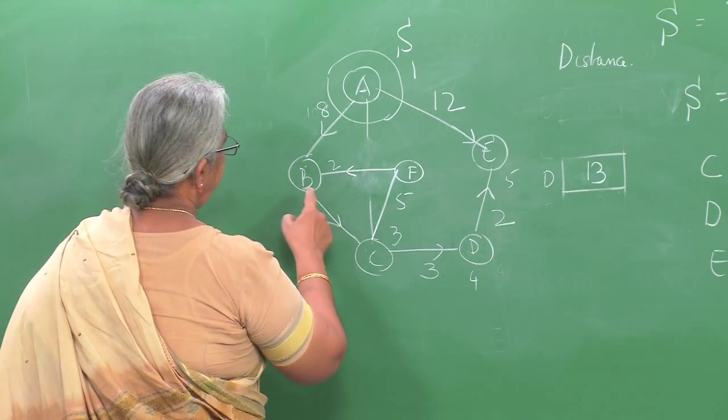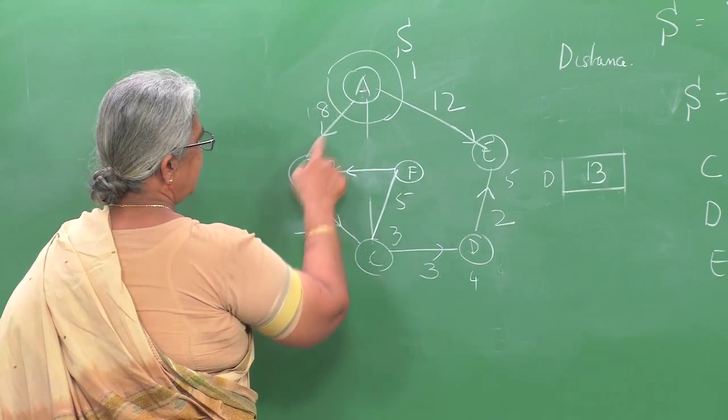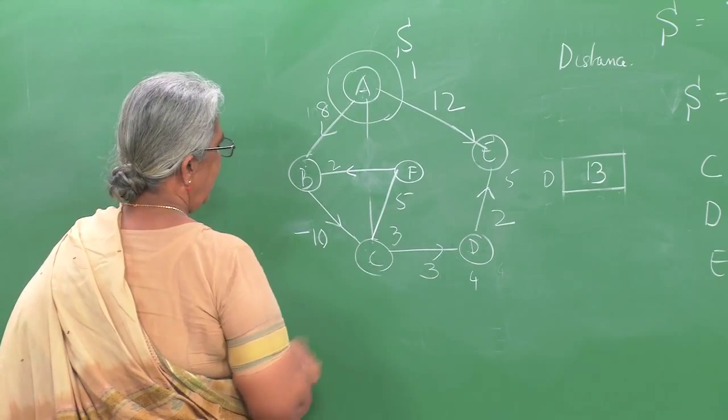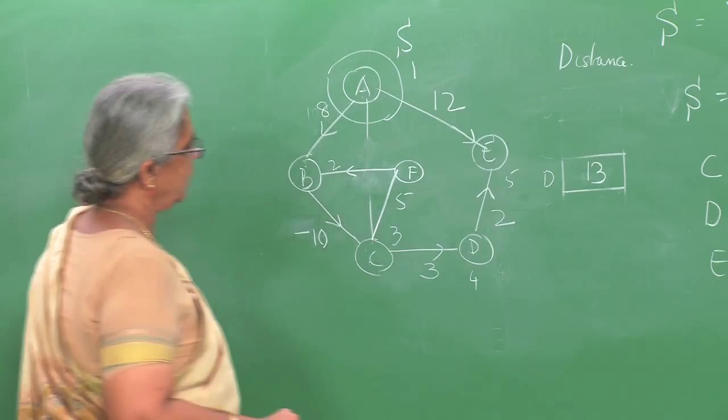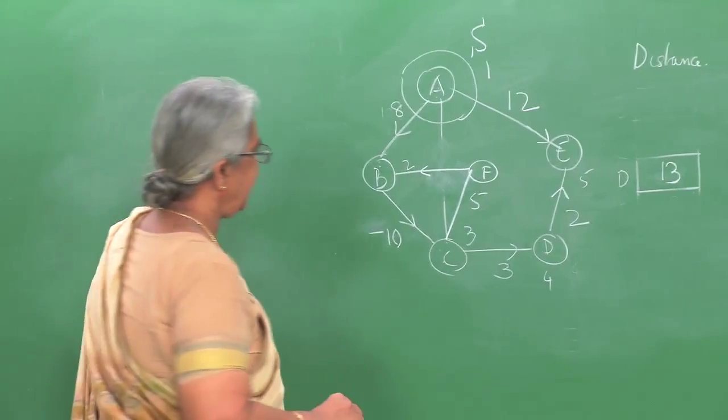We have said that the path length from A to B is 8 over here, and suppose this was minus 10, and I already included B in the source vertex list, therefore I'm not going to consider it again.